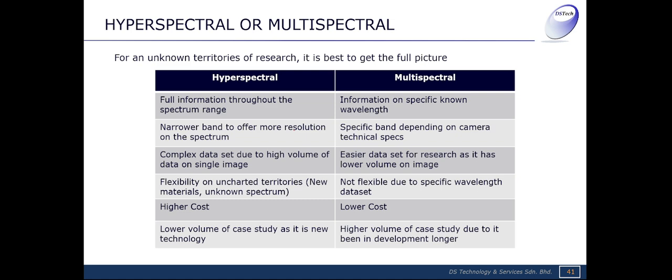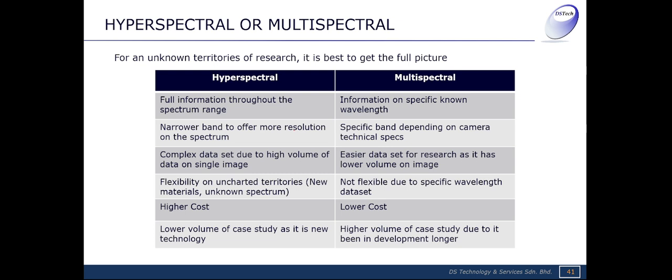And there's also more information, basically, because, again, you're actually looking at a continuous spectrum. But there's one downside though. Typically hyperspectral has a very low volume of case studies.